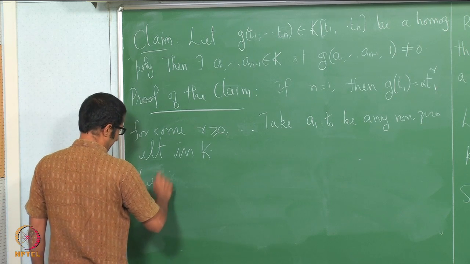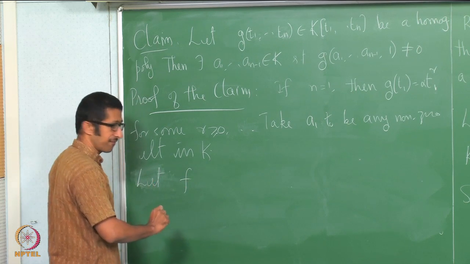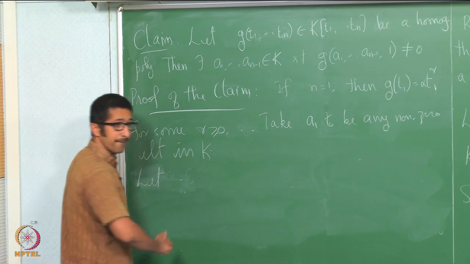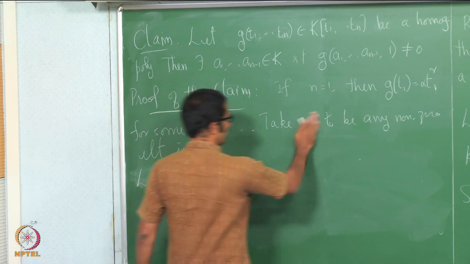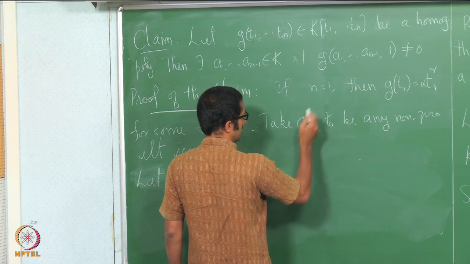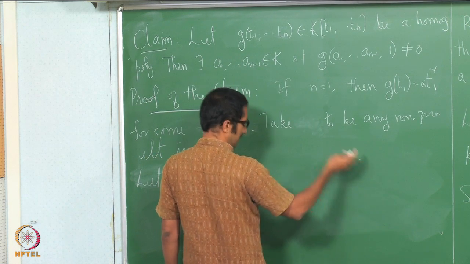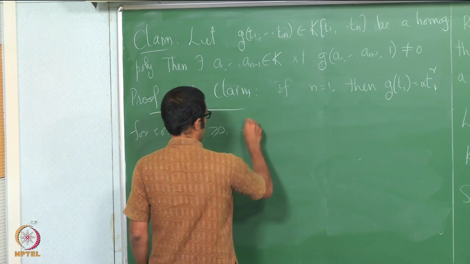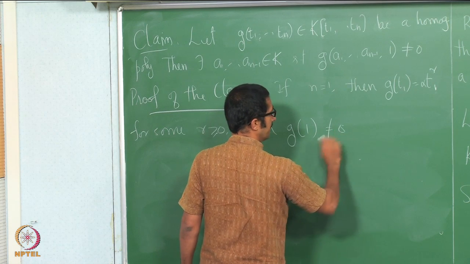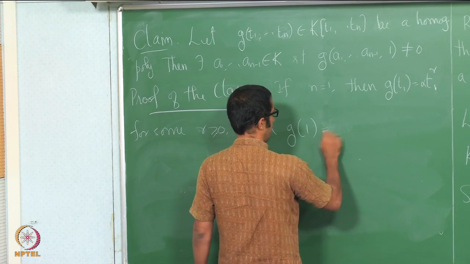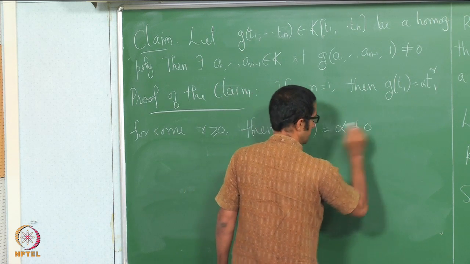So, take a1, that is true, then g of 1 is non-zero, g of 1 is alpha, which is non-zero.